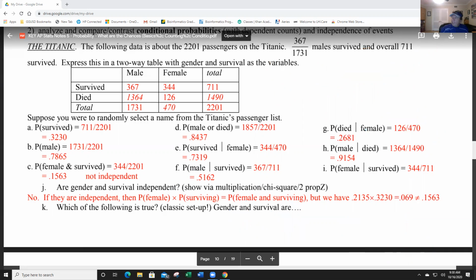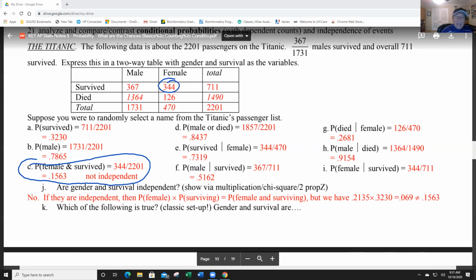This is going to be great, okay? And again, I'm going to go nice and slow here. Okay, so let's look at this and ask the question, what is the probability of being, how about female and surviving? By the way, female and survived, we actually did this already.